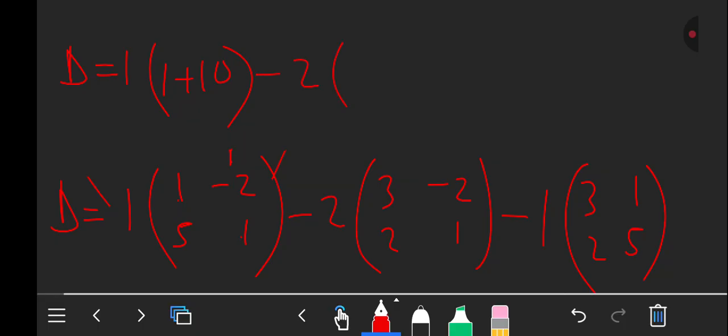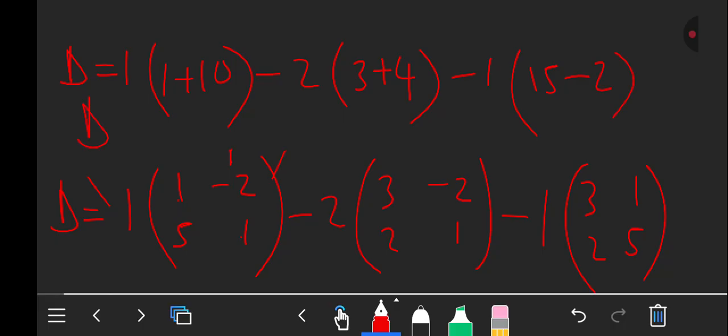Minus 2, then 3 times 1, that is 3, minus 2 multiplied by -2, that is -4, so +4. Then -1, then here we'll have 15 minus, that is 2.